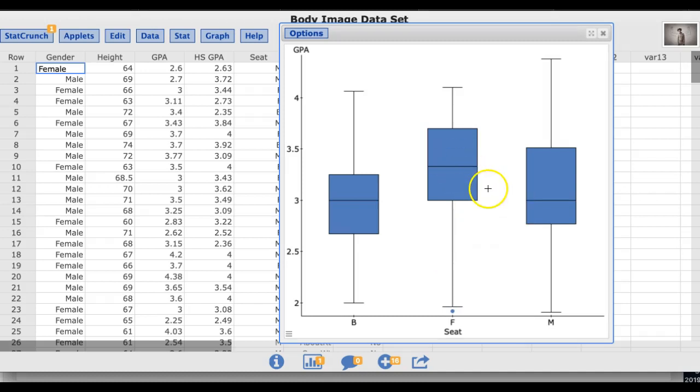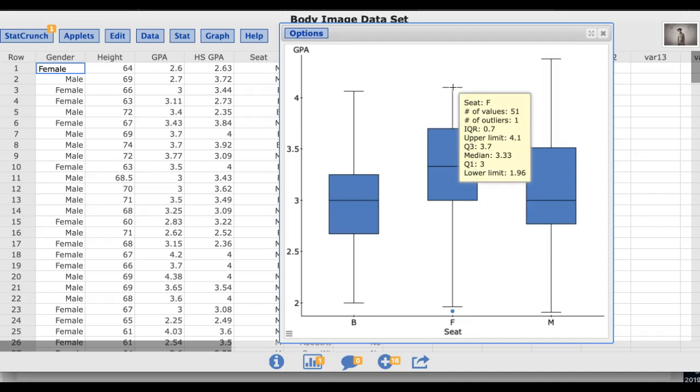In this example, looking at the box plot for the front row, the first quartile was 3 and the third quartile is 3.7. So 50% of the GPAs are between 3 and 3.7, and the upper limit was 4.